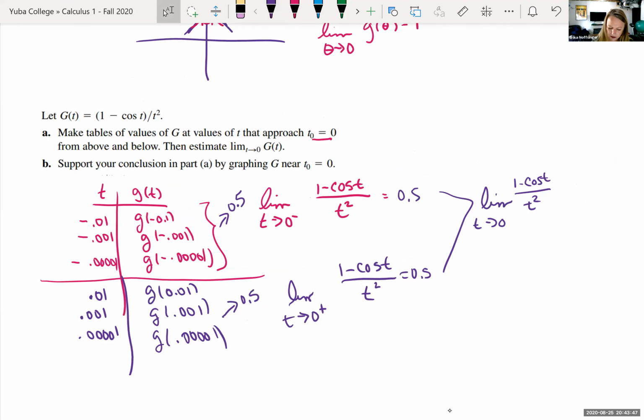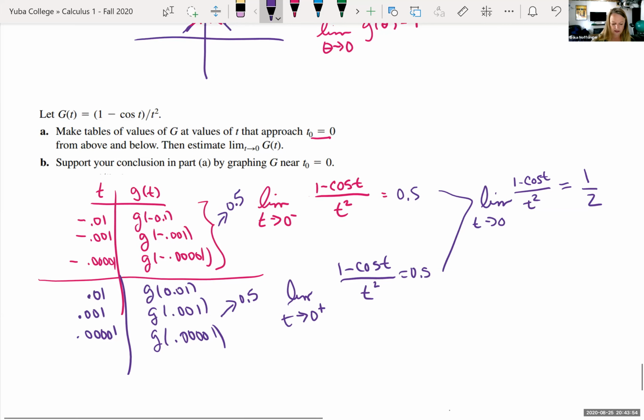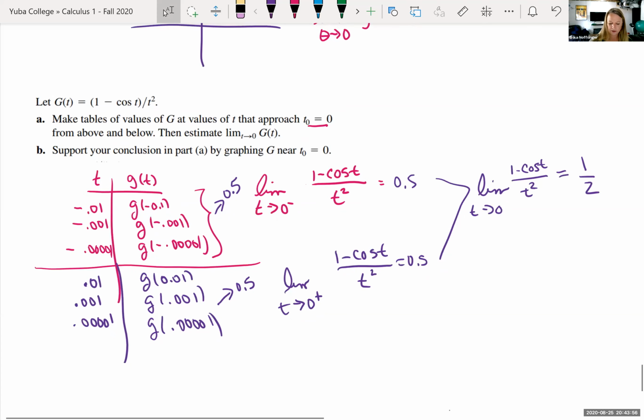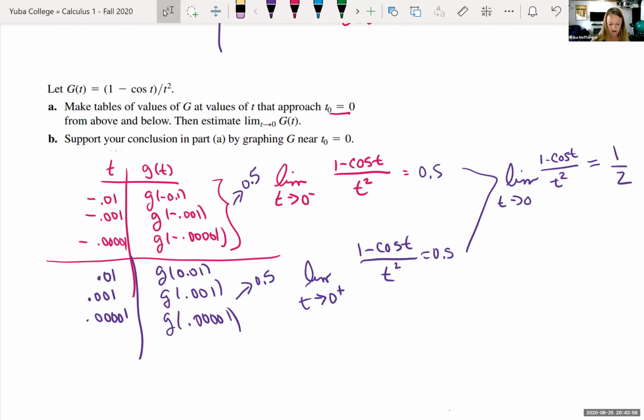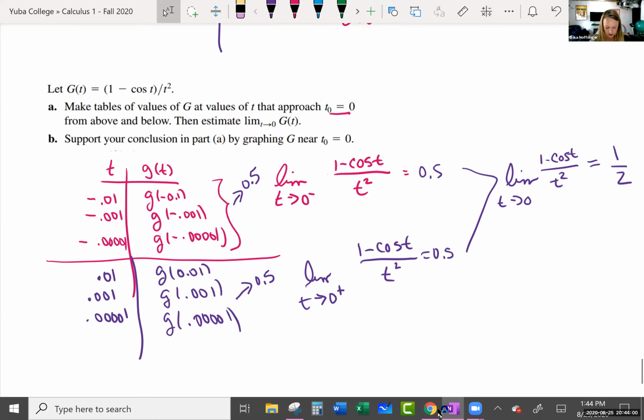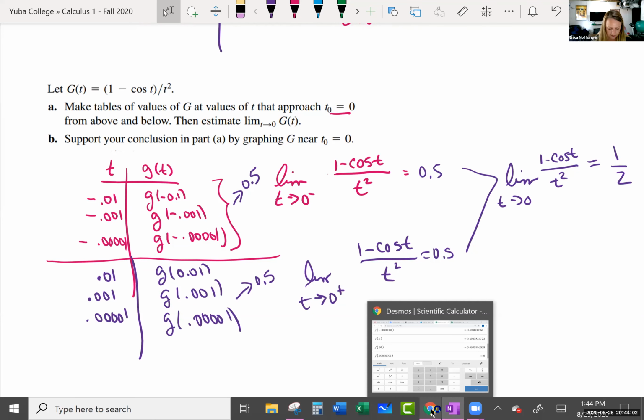We're still getting closer and closer to the y value of 1/2. And then we supported that conclusion by graphing it. I do have this on my graph, so let me pull that up.